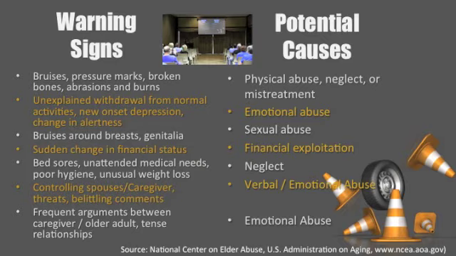If the caregiver seems highly controlling, spouses, they're belittling them, they're threatening them, it's verbal or emotional abuse. Okay? If we witness verbal abuse, that belittling, it's not acceptable and we need to report it. Okay? Frequent arguments between caregiver or adult, there's tense relations, it could be emotional abuse going on.